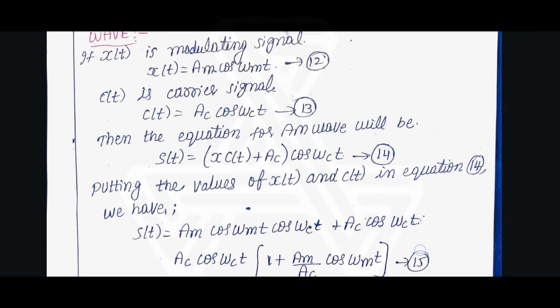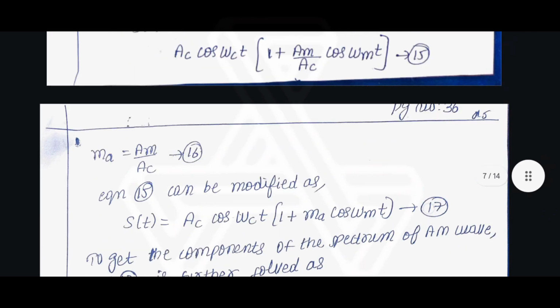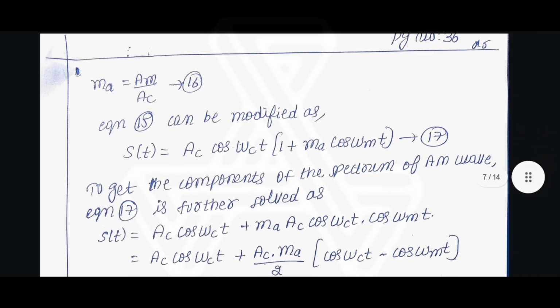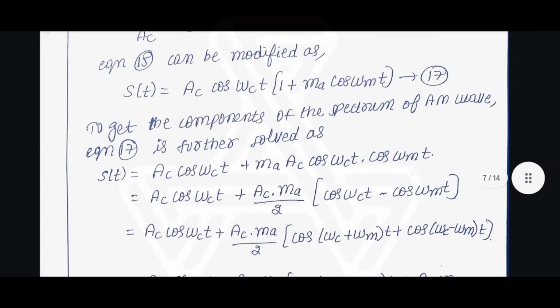Putting the values of x of t and c of t in the equation, we have s of t is equal to Am cos omega mt cos omega ct plus Ac cos omega ct, that is Ac cos omega ct into 1 plus Am by Ac cos omega mt. Ma is equal to Am by Ac. Then equation 15 can be modified as s of t is equal to Ac cos omega ct into 1 plus Ma cos omega mt.